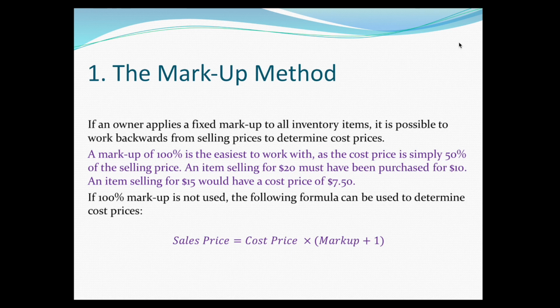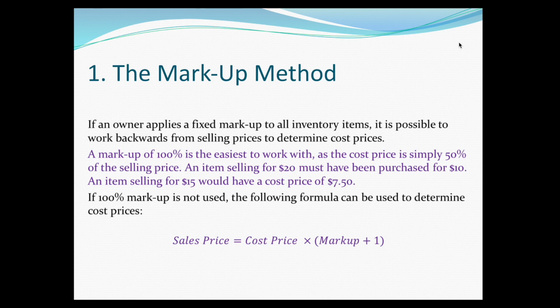So, the markup method. If an owner applies a fixed markup to all inventory items, it is possible to work backwards from selling prices to determine the cost prices. A markup of 100% is the easiest to work with, because the selling price is simply 100% more than the cost price, so the cost is 50% of the selling price.